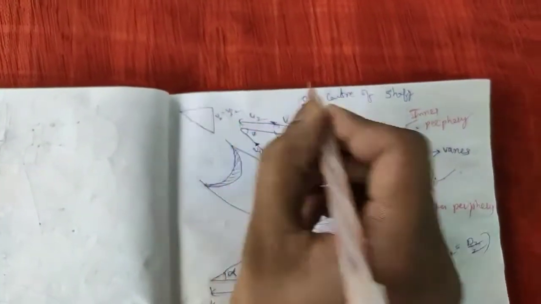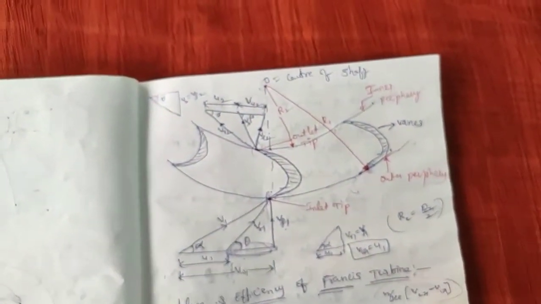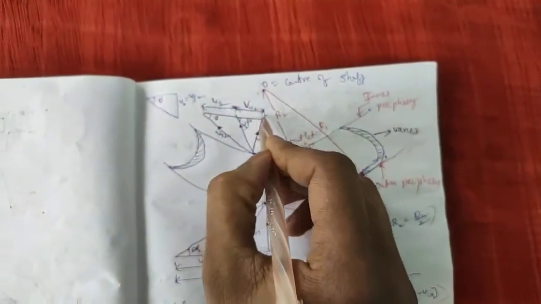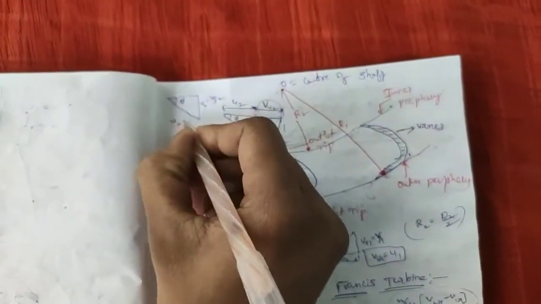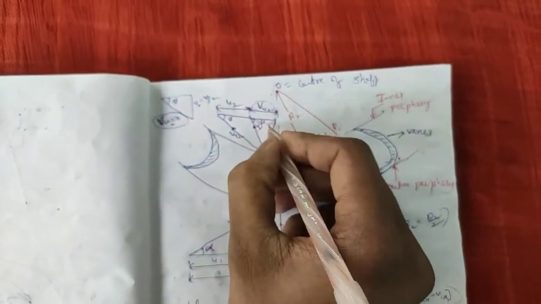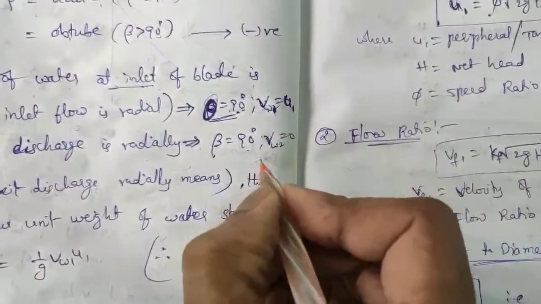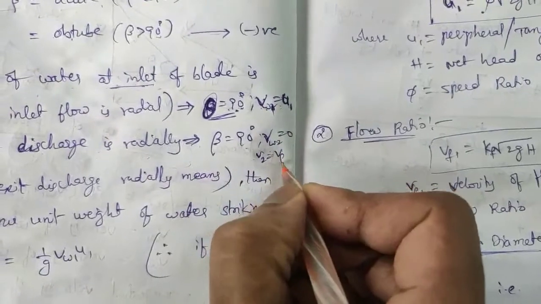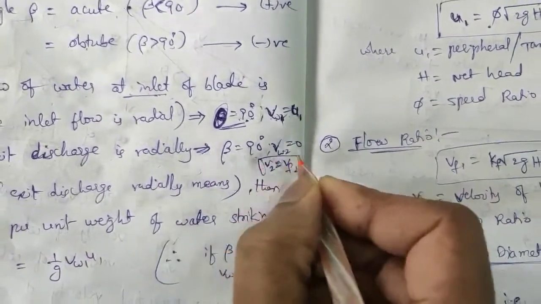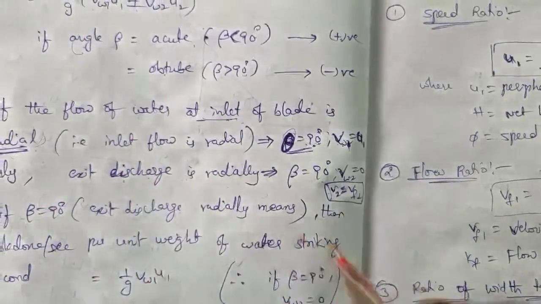V2 equals VF2, here phi, and this side VW2 equals 0. This side will be 0, and V2 equals VF2. So that's why I am writing here VW2 equals 0 and V2 equals VF2. So these are the conditions when the exit discharge is radial.